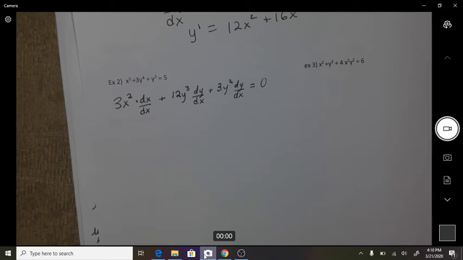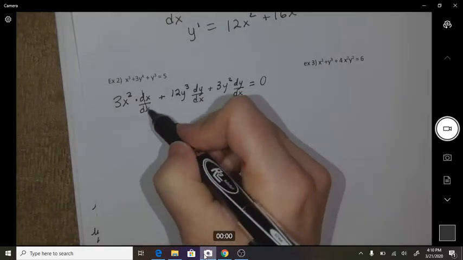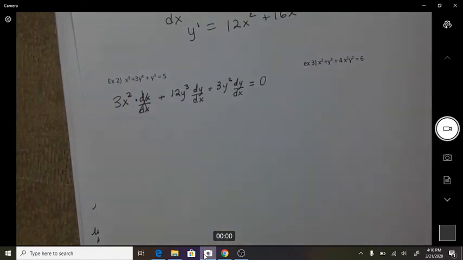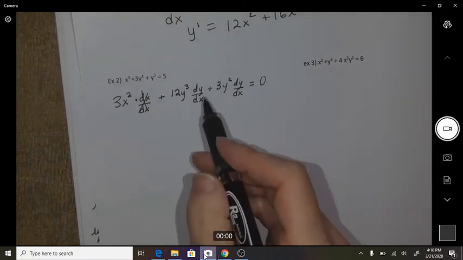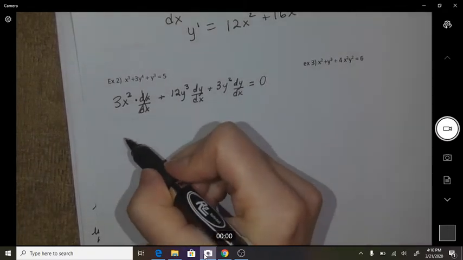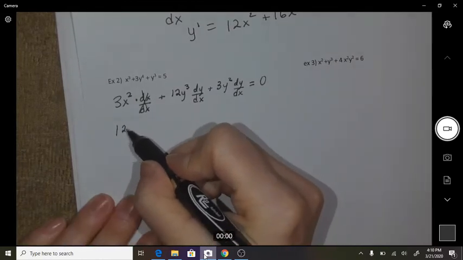I'm going to keep everything together that has a dy or dx in it and move everything else to the other side.